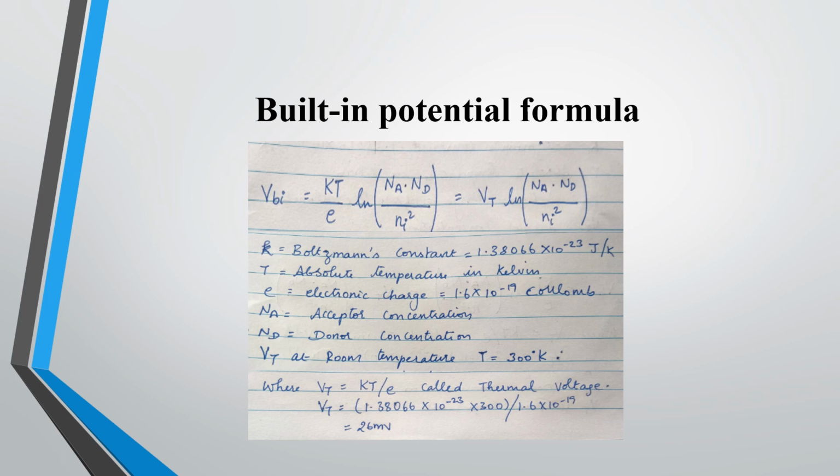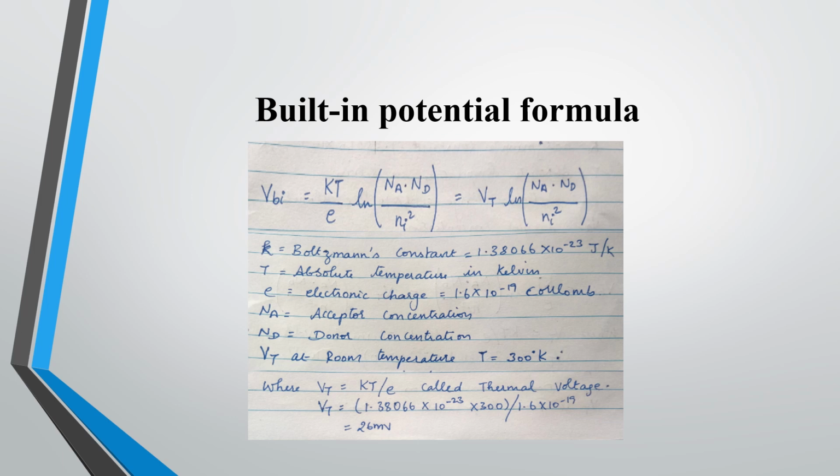VBI equals KT by E times the natural logarithm of the product of Na Nd divided by Ni square, where K is the Boltzmann constant, which is 1.38066 into 10 to the power minus 23 joules per Kelvin, T is the absolute temperature, which is represented in Kelvin, and E, as we know, is the electronic charge. It is 1.6 into 10 to the power minus 19 coulomb.